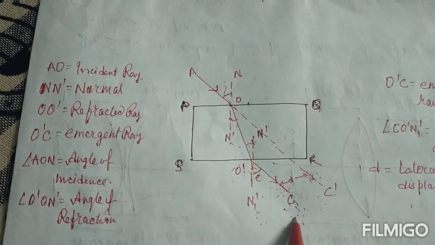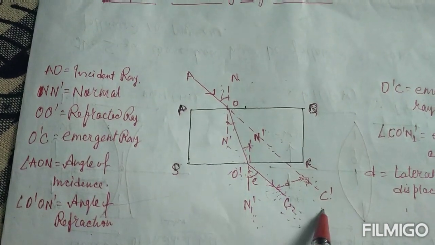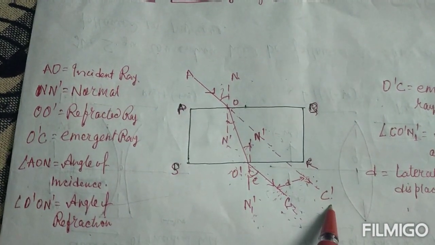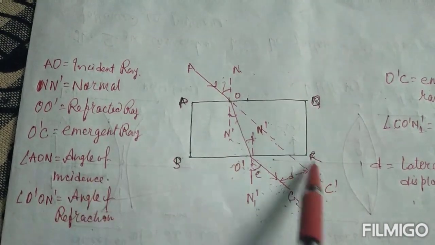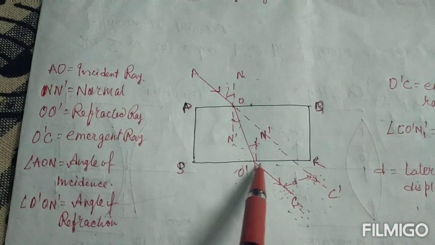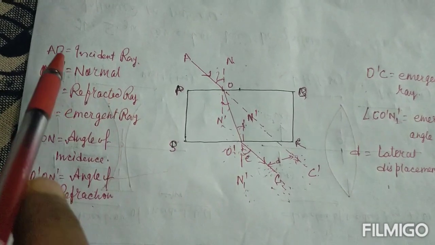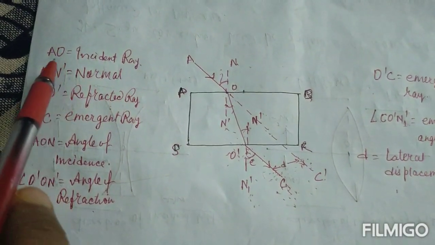O dash C is the emergent ray. AOC dash is the actual path of light, but instead of taking this path, light refracted through the glass slab takes this path.